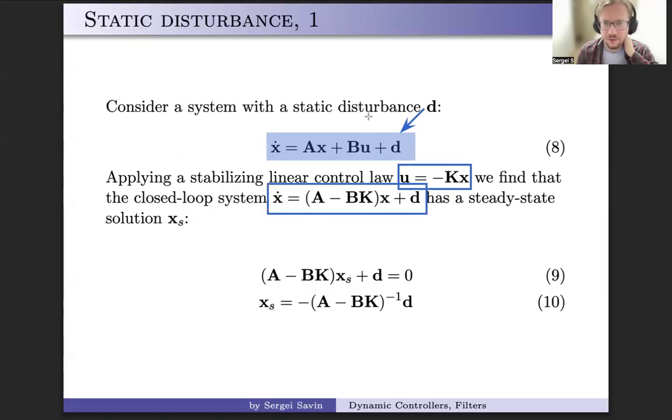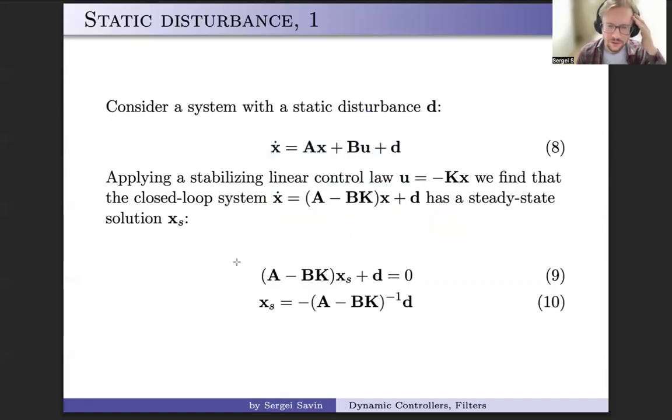So once we put in u = -kx, we get A - BK as usual, but plus d this time. A - BK would be a stable matrix because it is a stabilizing control, right? Hurwitz matrix. And it means that x would dwindle. But what would it dwindle to?